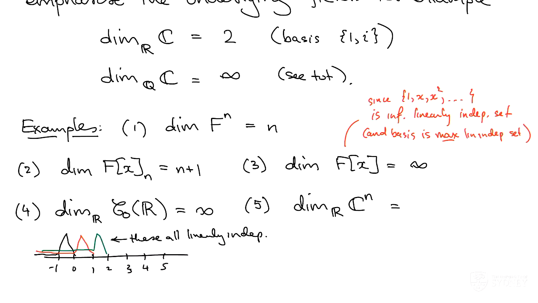So you've got an infinite linearly independent set. There are other ones that are infinite, like the polynomials, but this still doesn't have a finite basis. That's an infinite basis.